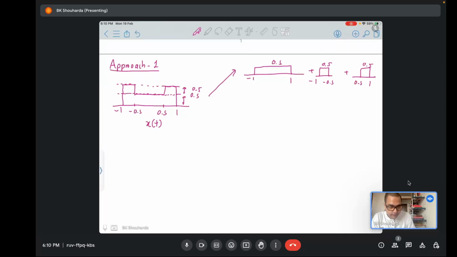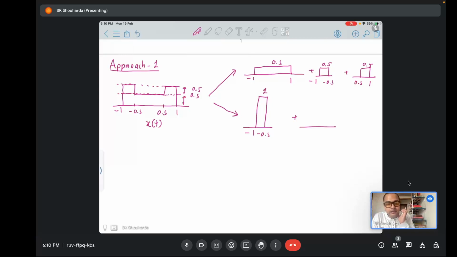That can be one kind of decomposition. Another decomposition that can be done is to start with -1, end at -0.5, with a height of 1, and then the rest of it.